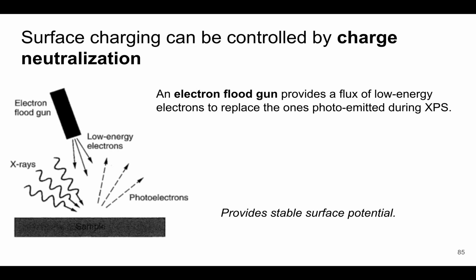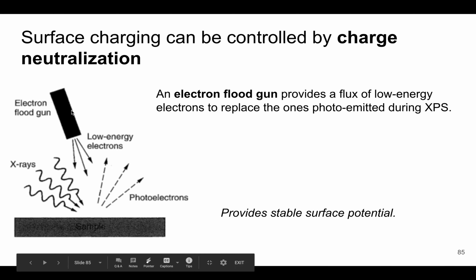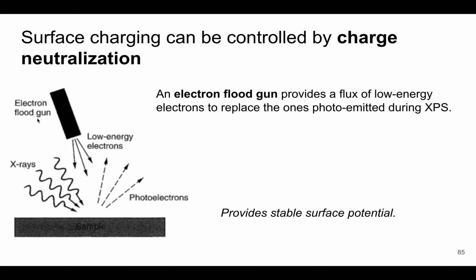So, ways that we can mitigate this. The first one, and all machines have this, and you might have noticed in the diagram I didn't talk much about the various components other than the ones we mentioned, but they're also in the XPS instrument and AES tends to be this electron flood gun. And it's really what it sounds like.